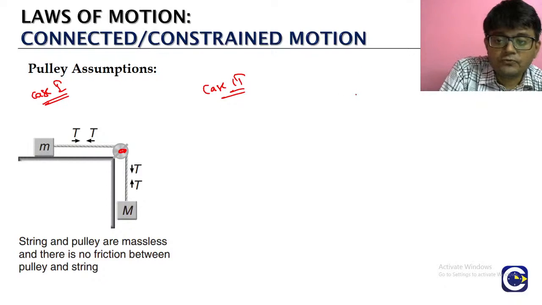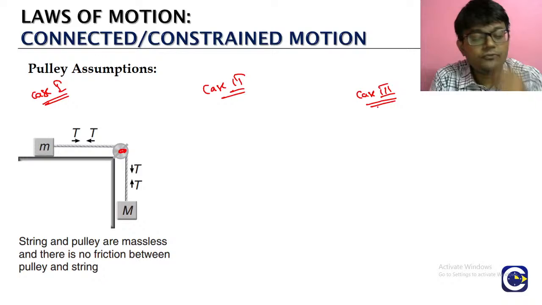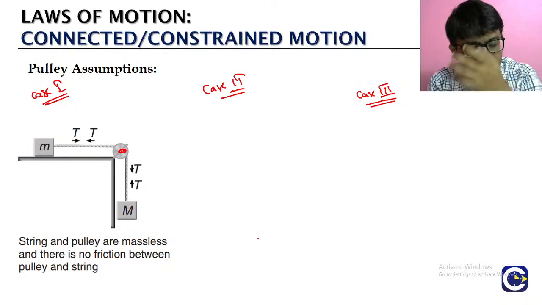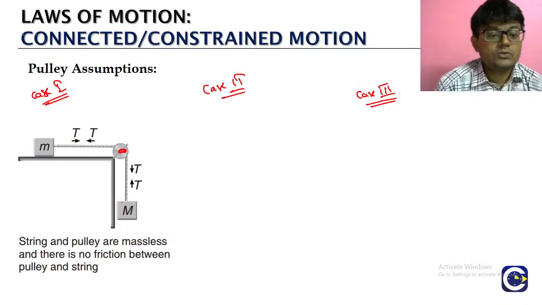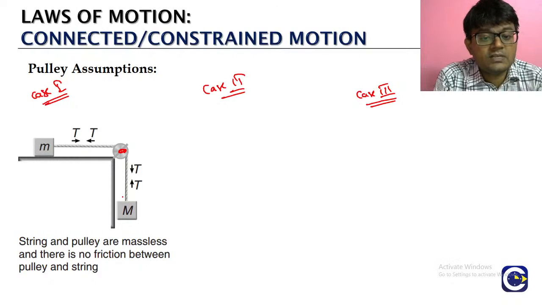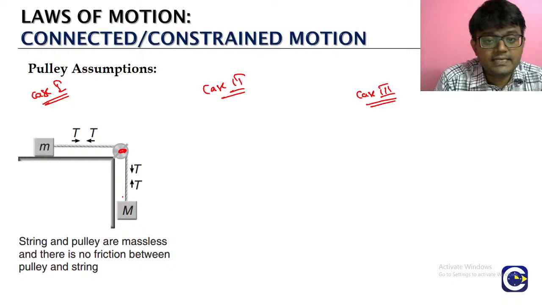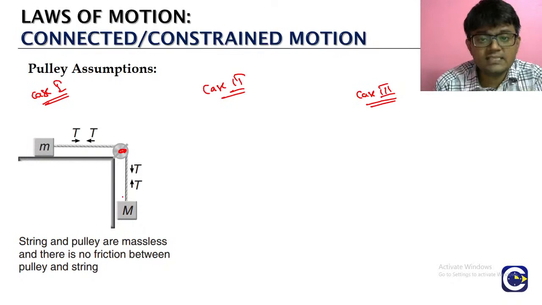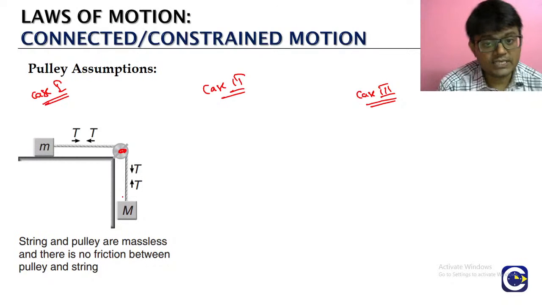We will see the proof. If not in this chapter, we will see the proof in rotational motion. So look at it one by one. These assumptions are important because they are the ones that will actually help us while solving problems. Some of them we will see in this chapter, some of them in rotational motion.